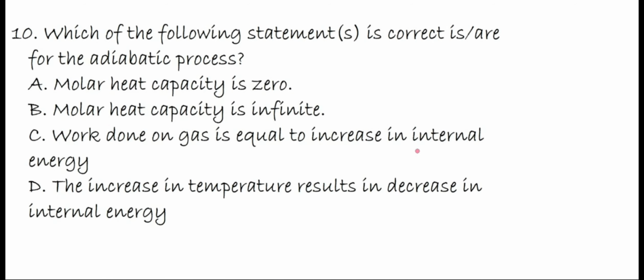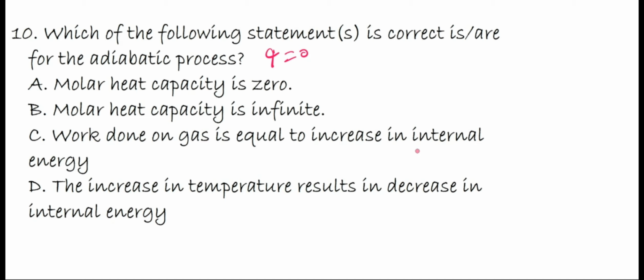Then, which of the following statements is correct for the adiabatic process? It's not options, these are the statements given, so more than 2 or 1 can be correct. The first statement is molar heat capacity is 0. First of all, what is an adiabatic process? Where the heat change is 0, right?